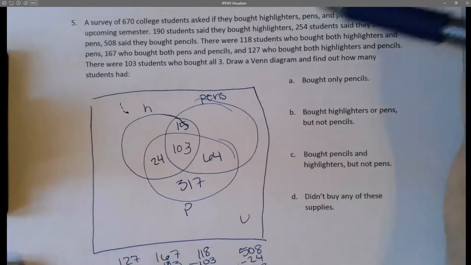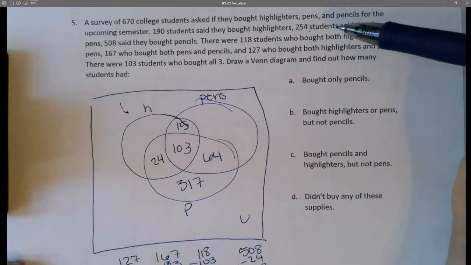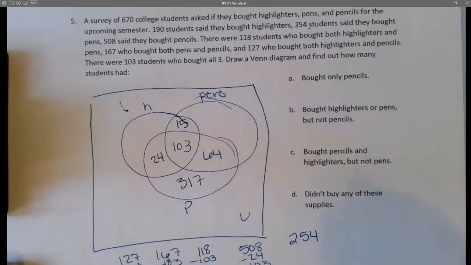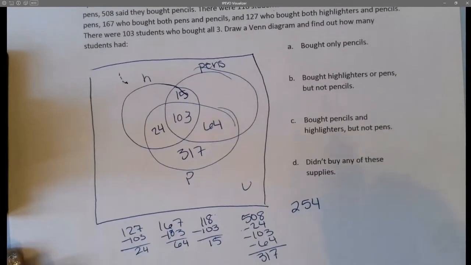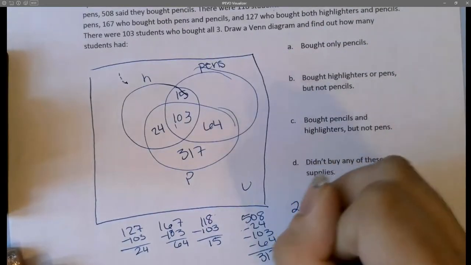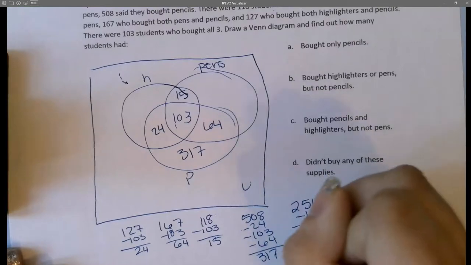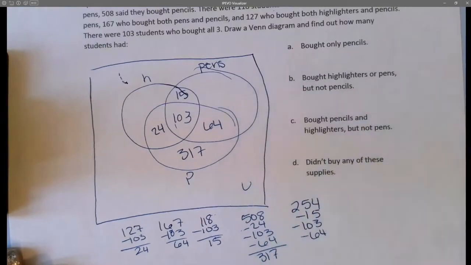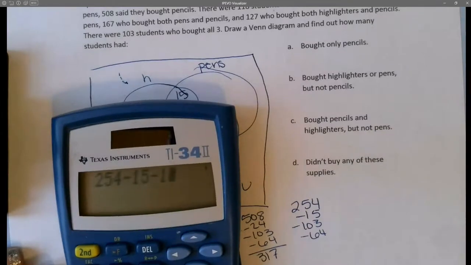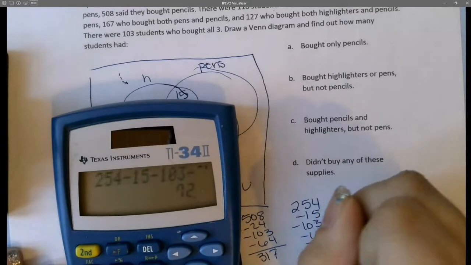Then up here it said 254 total students bought pens. So I'm going to do the same thing for pens. I start off with the 254, and then I want to subtract the 3 numbers inside the pen circle. So I'm going to subtract 15, 103, and 64. Which gives me 72.